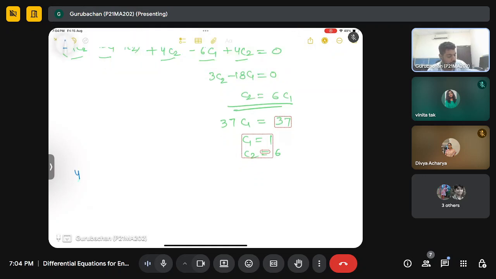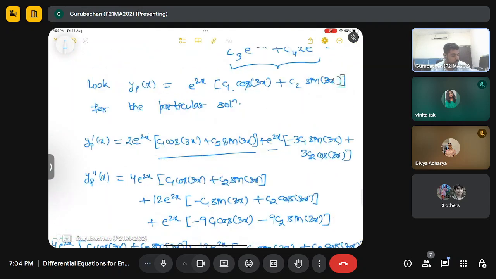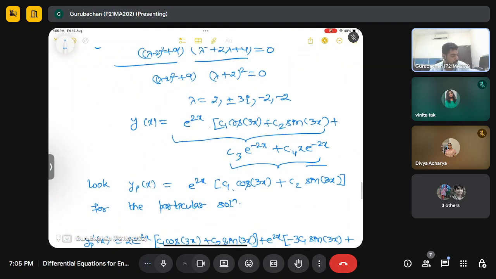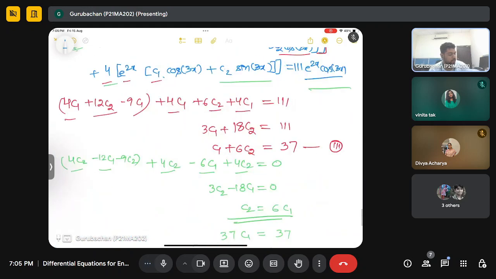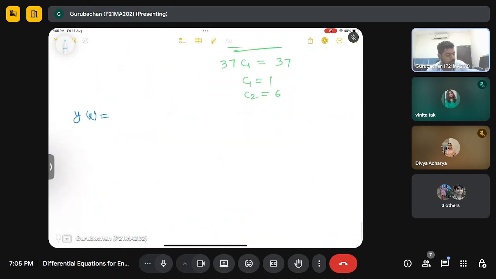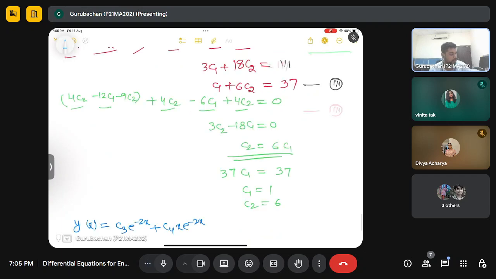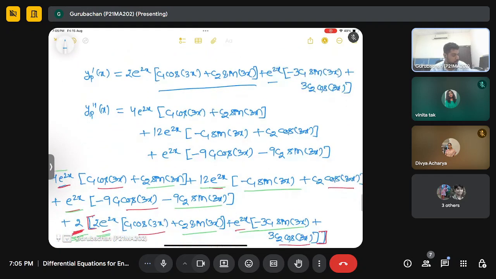So what will be your general solution? We need to put into this general solution, that is in this star. So C3 e to the power minus 2x plus C4 x e to the power minus 2x. I think it is like that only.